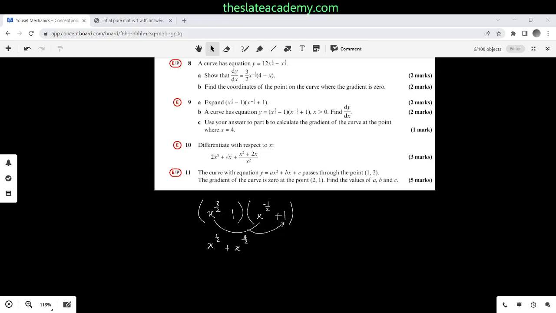Then minus 1 into x to the power minus half gives me minus x to the power minus half, and then minus 1 times plus 1 gives me plus 1. 3 over 2 minus 1 over 2, it won't be half, it would be 1. This first one I wrote wrong. This over here, this would be 1.